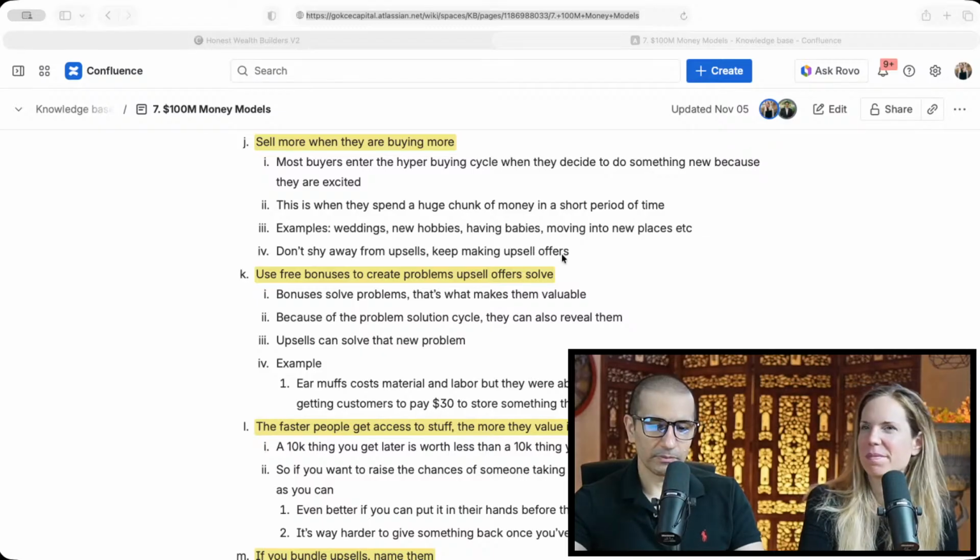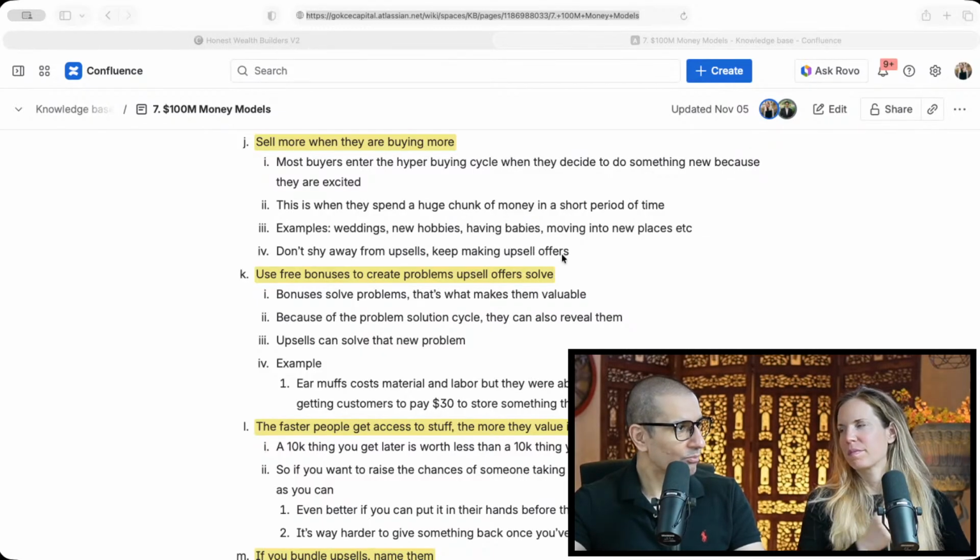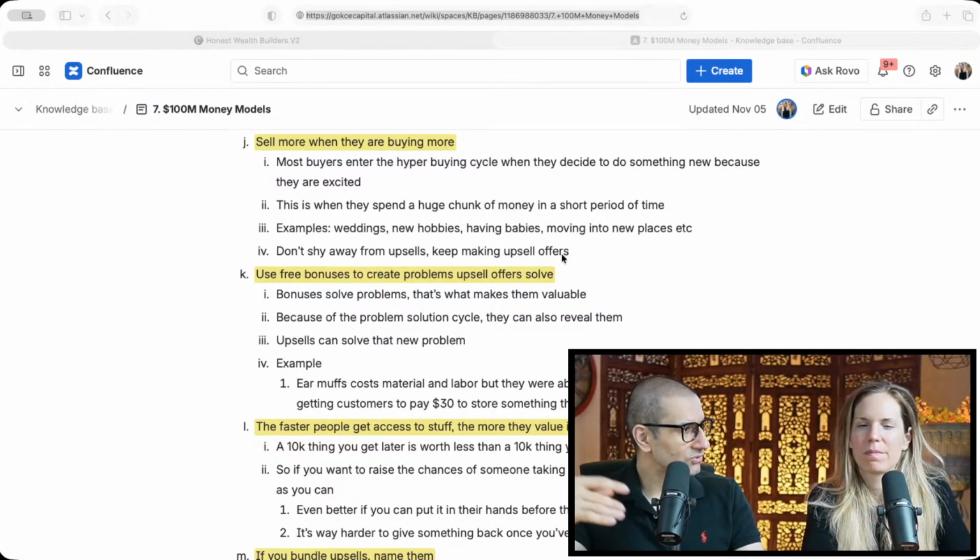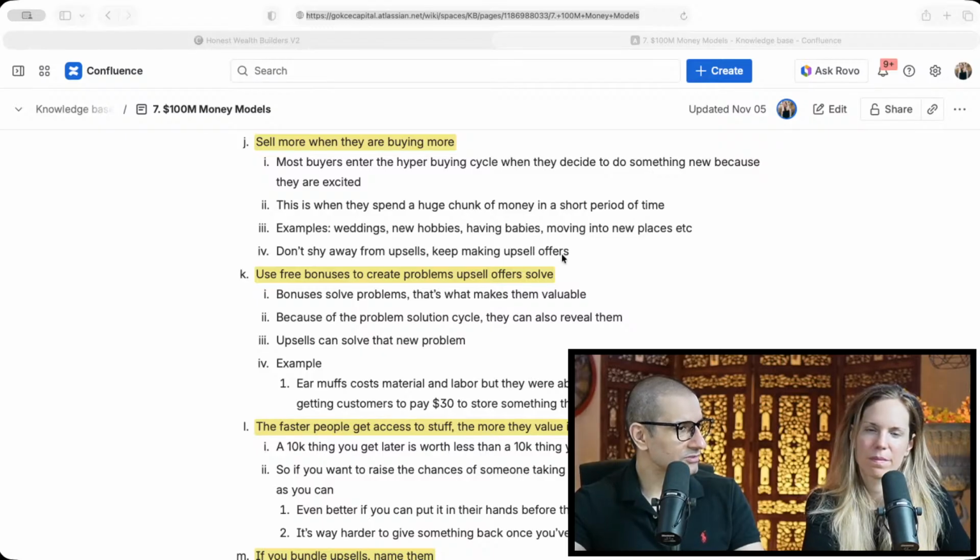Right. So people get into a hyper buying cycle. So they're like, oh, I'm into bowling. I'm going to buy bowling shoes. I'm going to buy bowling balls. I'm going to buy this, I'm going to buy that. Bowling hat, bowling clothes. And then you start bowling and then you're like, all right, move on to the next, and never buying anything bowling related ever again. Same with pickleball, right? Same with gym stuff.